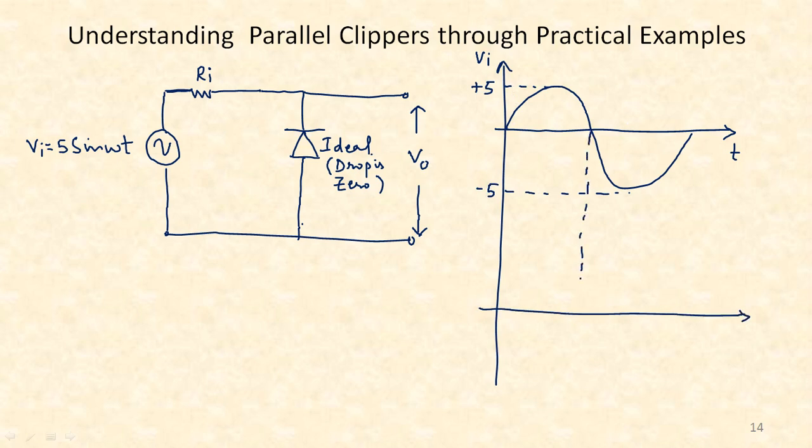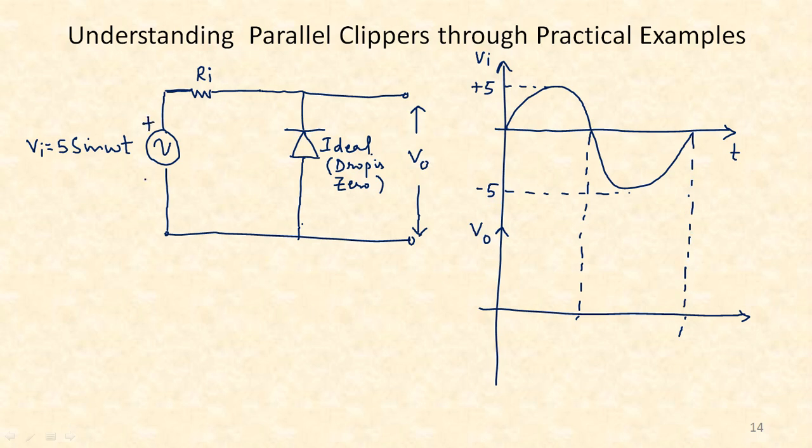Let me draw the vertical lines for better clarity. Alright, so that's the V0 output across the diode or the resistance.